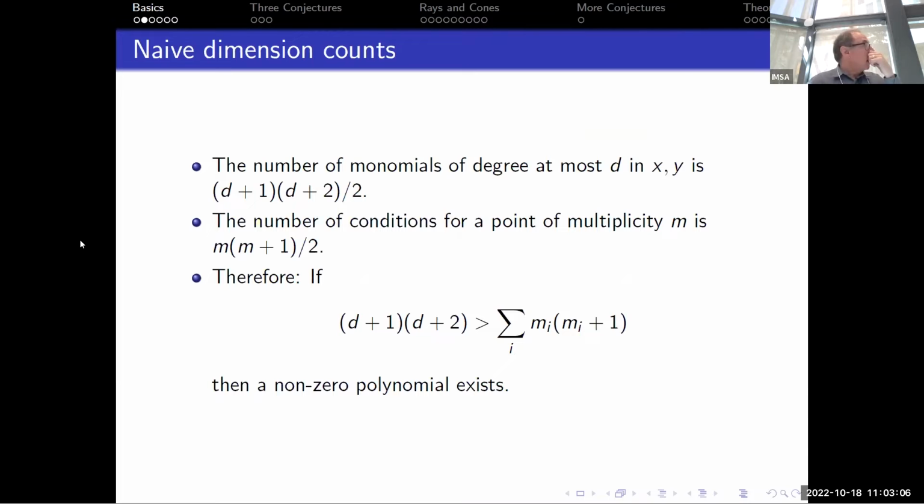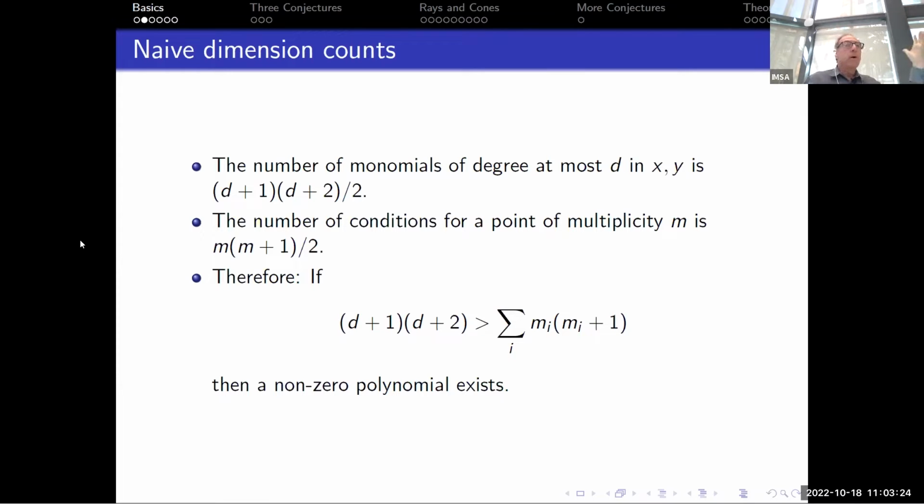So, some naive dimension counts. If you look at just the number of monomials, it's (d plus 1) times (d plus 2) over 2. This is the number of monomials of degree d or less, so this is the dimension of the vector space of all the polynomials you have to work with.